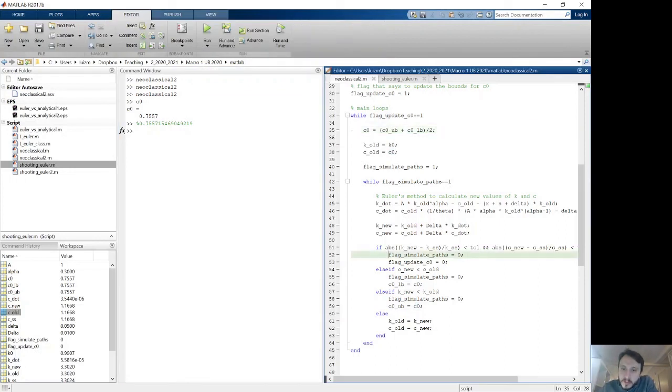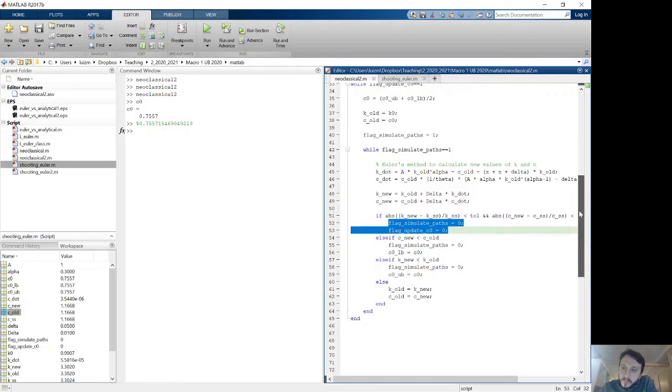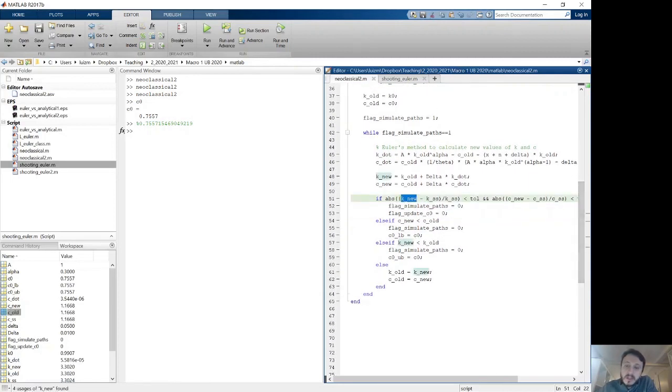So when MATLAB got to this part of the code, what is MATLAB doing? MATLAB found an initial consumption and then simulated a path of consumption and capital, which grow over time. And then, for example, the path of capital got to a point in which the level of capital is very close to the steady state, and we can check it here.